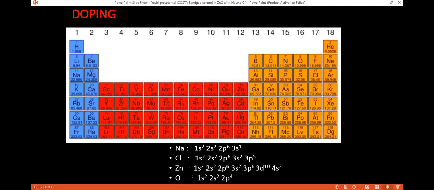If we see the electronic configuration, we can see that sodium is similar to zinc. So sodium atom replaces the zinc atom in the sodium doped zinc oxide, and chlorine is similar to oxygen, then it replaces oxygen in chlorine doped zinc oxide.